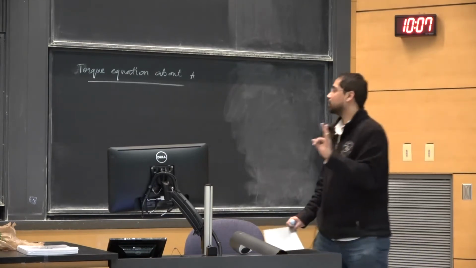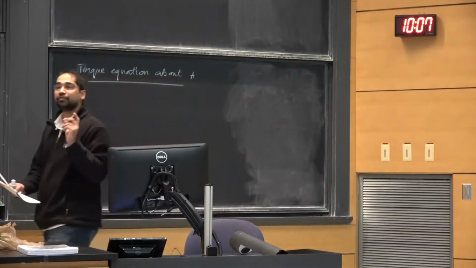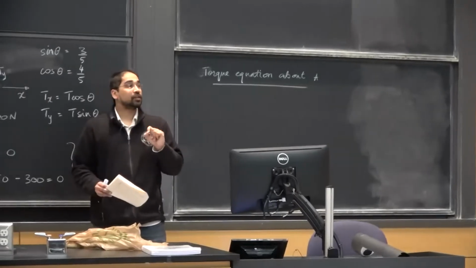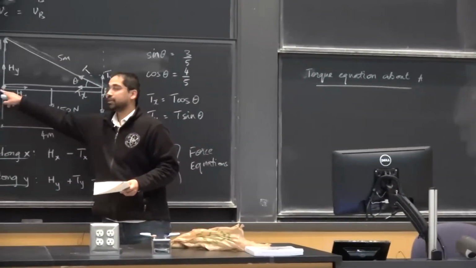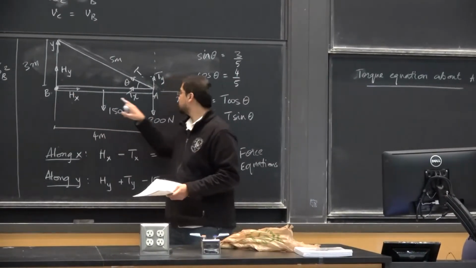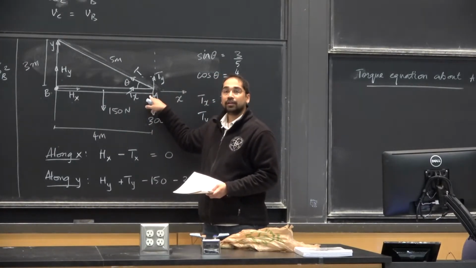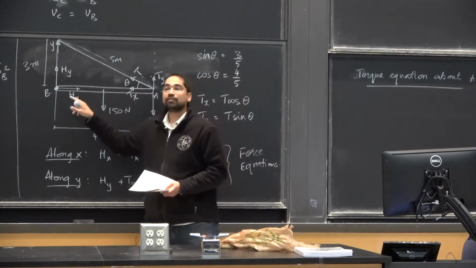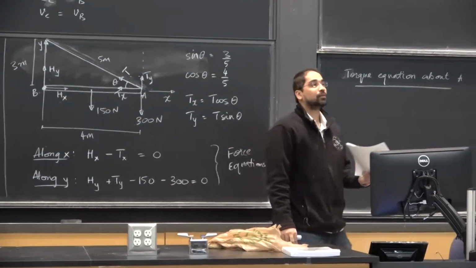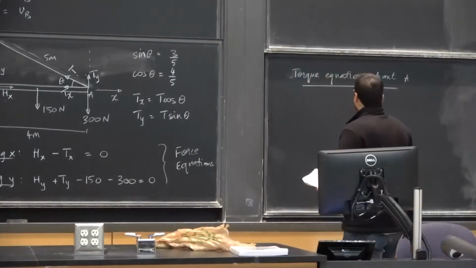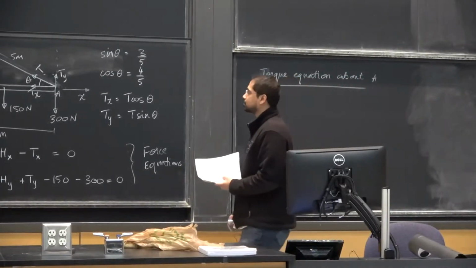Three things I have to keep in mind. First thing, I have to figure out what the forces are. I have to figure out from the hinge itself. If I were to do this about B, I would be measuring distance of the forces from B. Since I'm doing it from A, all the forces I'm going to measure the distance from A. Right? And then I'm going to figure out if there is a component of the force that's perpendicular to that distance.